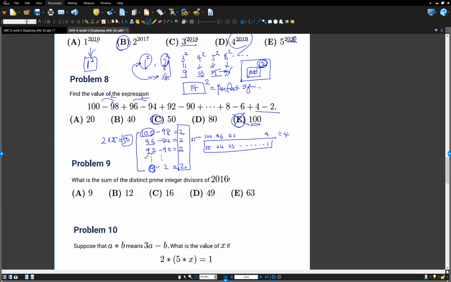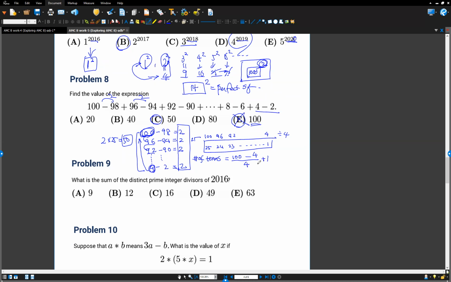Number of terms. How can you find the number of terms? You take the last number, 100, minus the first number, 4, and divide by their difference. Each difference is 4, right? After that, you add 1.